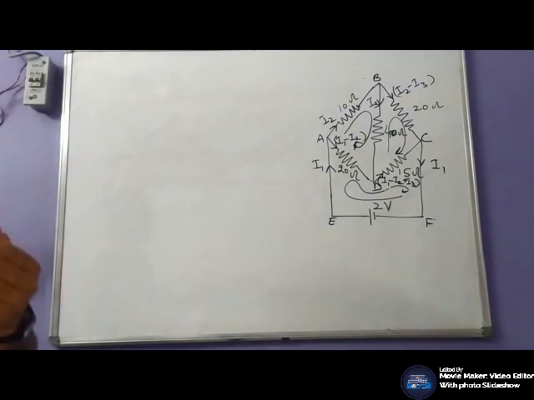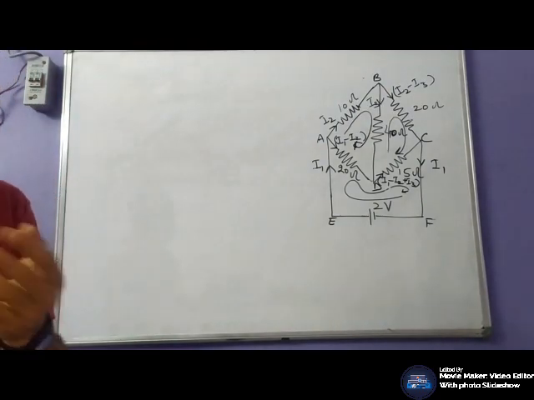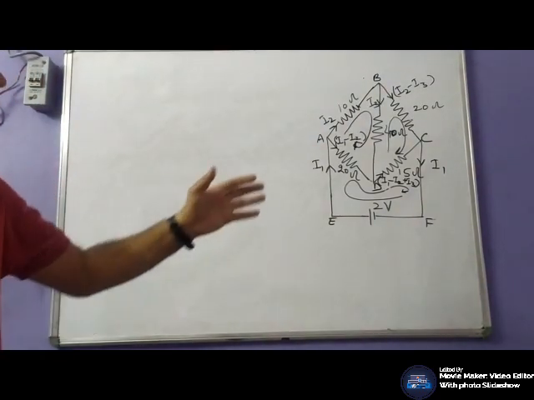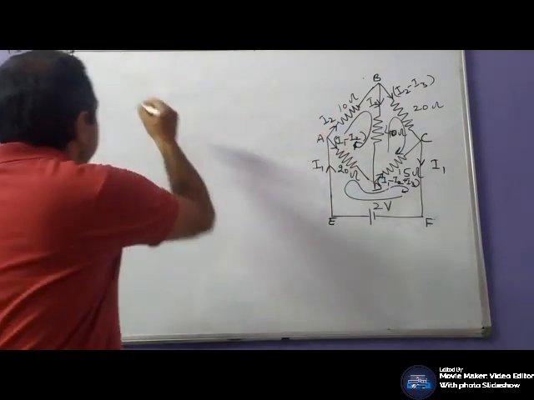We have to take minimum currents, so that we have to find out the minimum parameters. Otherwise, your problems would become so bulky. Now, consider loop A, B, D, A.